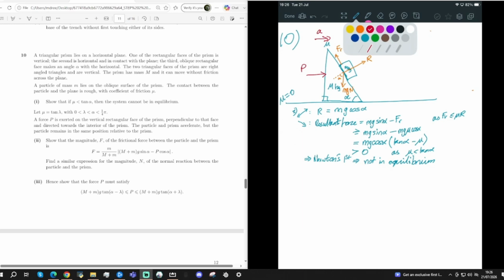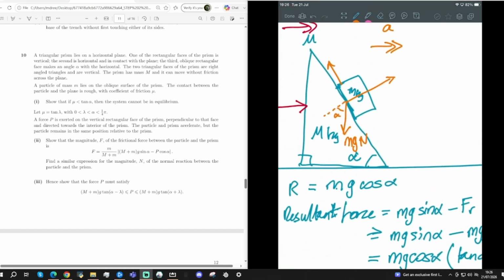Show that the magnitude of the frictional force between the particle and the prism is given by that. So I'm going to subtly change some of my notation here so that it matches their notation. They're now saying capital F is their frictional force.